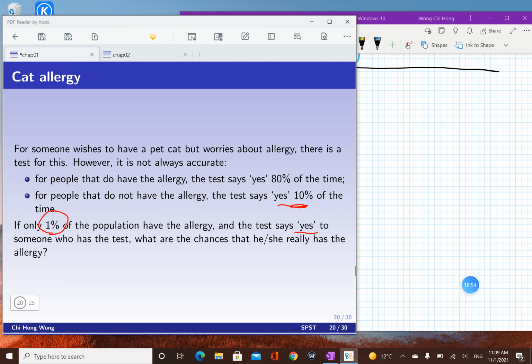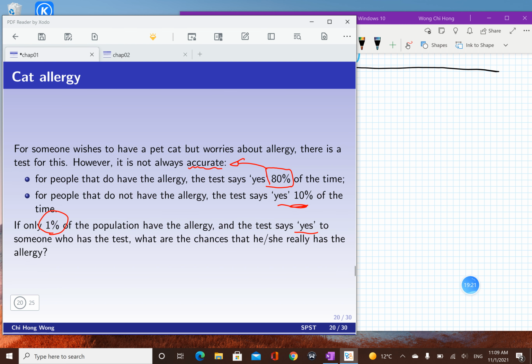While the accuracy of these tests is defined as, for people with the allergy, the probability of the test giving you the true answer, the right answer here. That's what is defined as the accuracy. If people do have the allergy, it says positive 80% of the time.